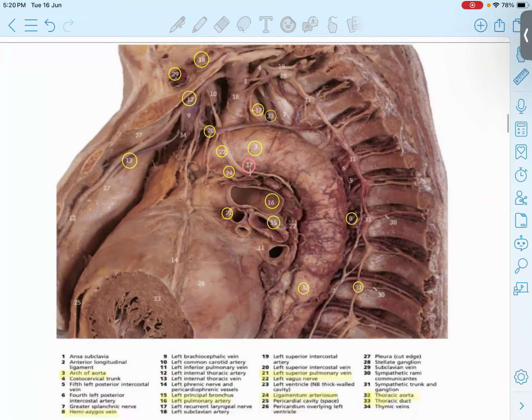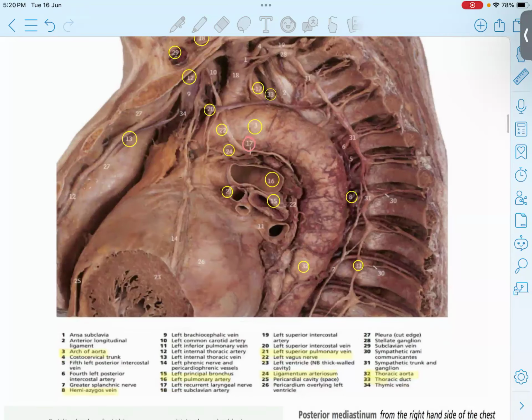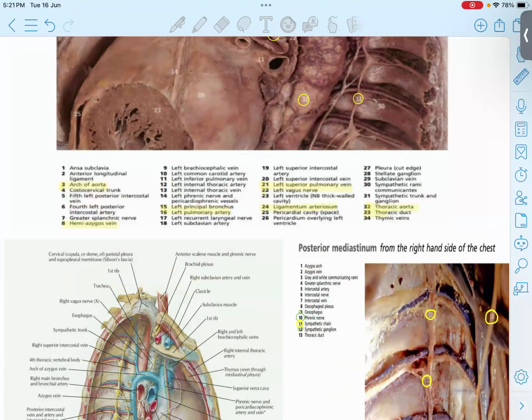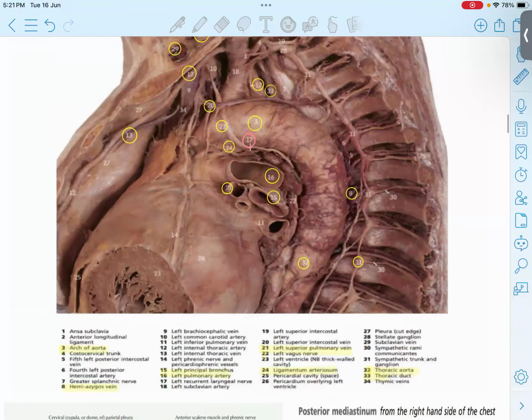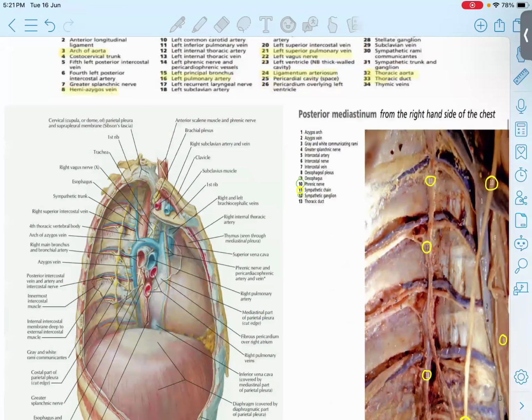Okay, and there are more structures. Just go through. It's not important for you for the exam. I have already discussed the most commonly asked structures in the exam.